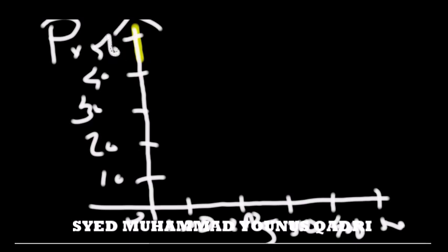When the price is 10, the supply is 100. When the price is 20, the supply is 200. When the price is 30, the supply is 300.